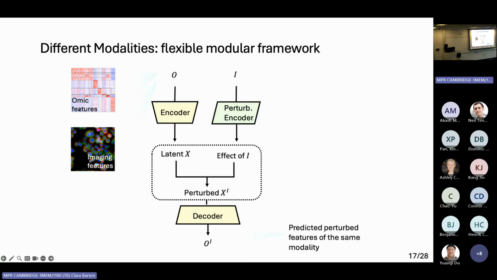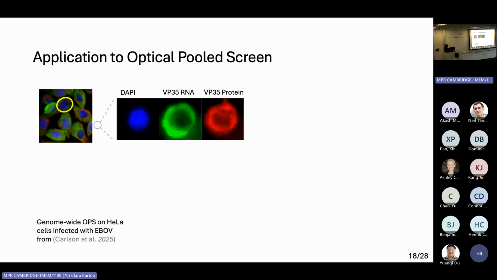You have just tabular datasets. But you can also use imaging features coming out of cheaper types of measurements like optical pooled screens. Once you extract the imaging features and put them through MORPH, it can give you the predicted perturbed features of the same modality.